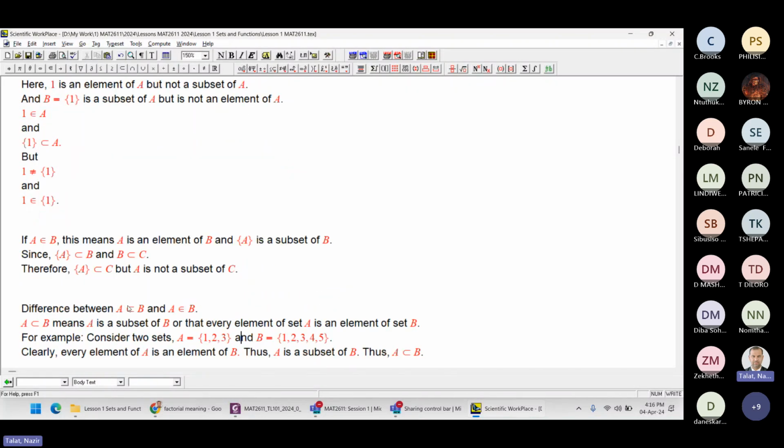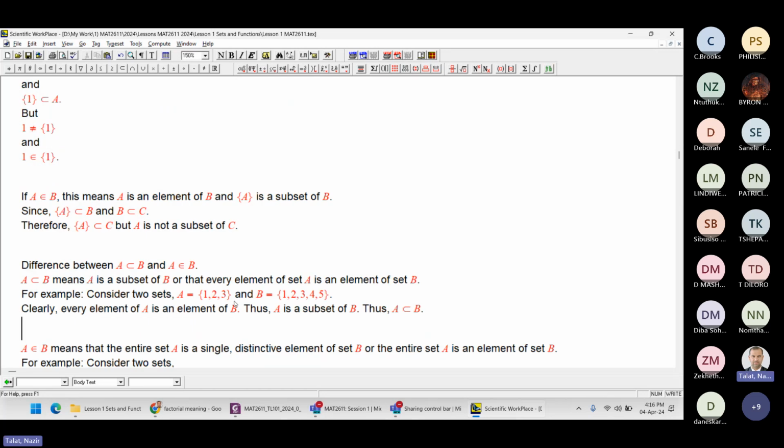Now, the difference between these notions: we can say that A is contained in B, and that A belongs to B. These are two different things, and one can see the relationship between them.